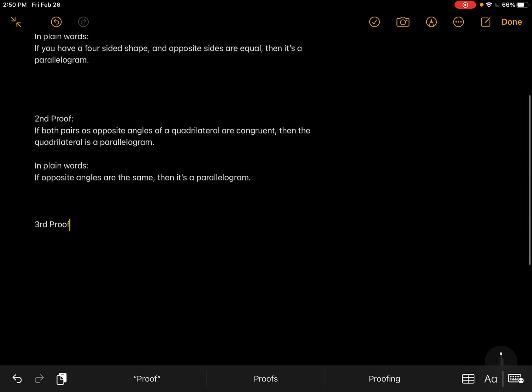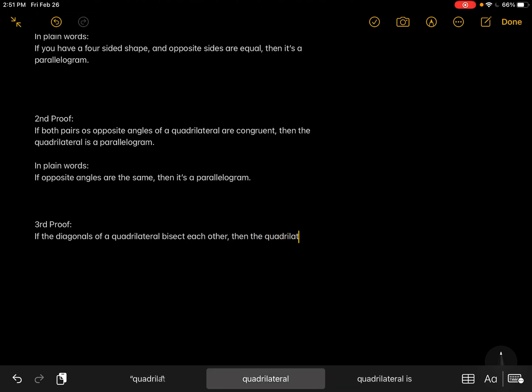All right, our third proof: if the diagonals of a quadrilateral bisect each other, then the quadrilateral is a parallelogram.